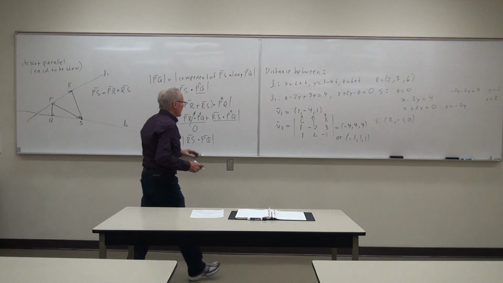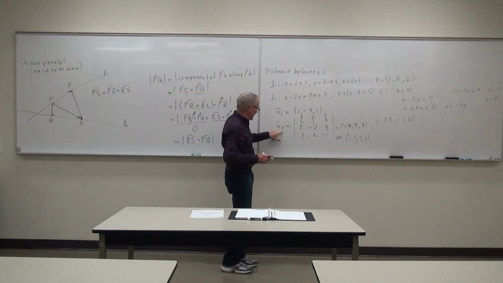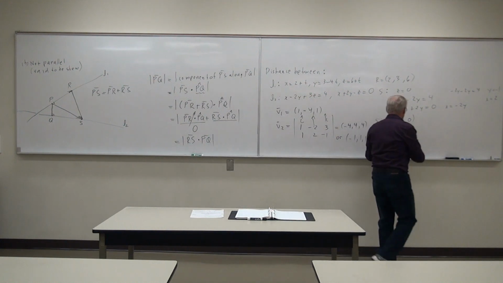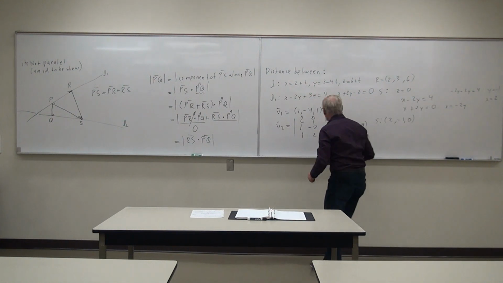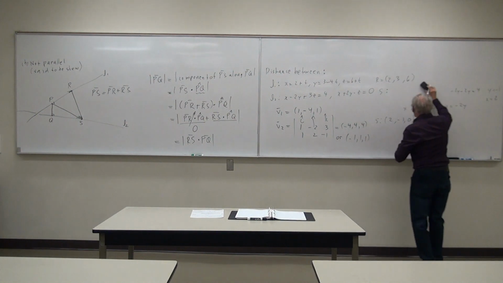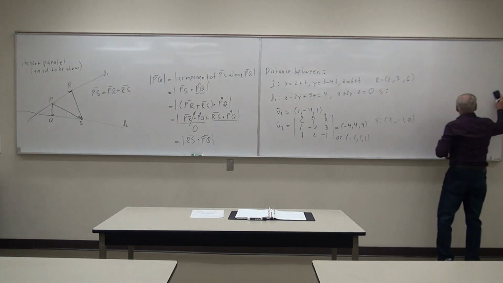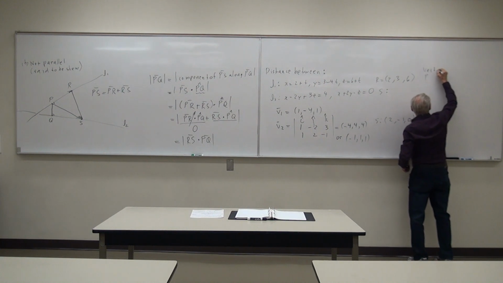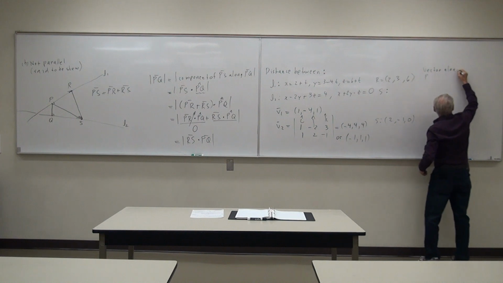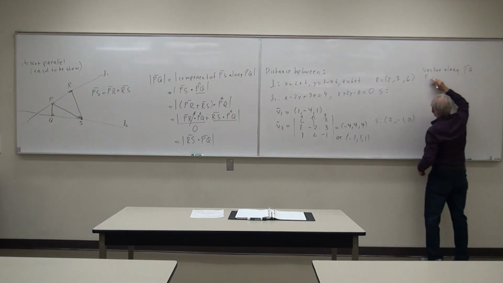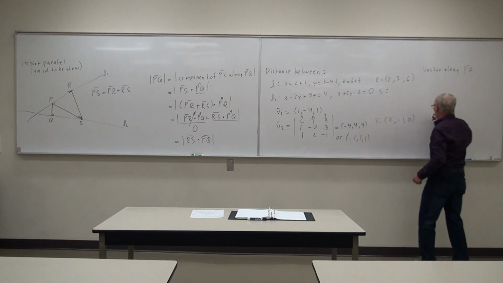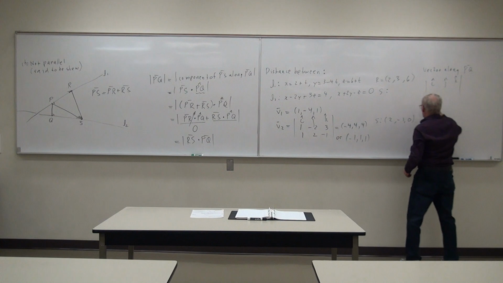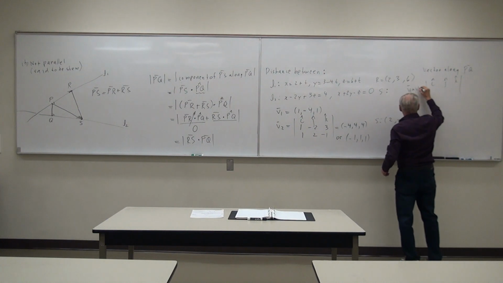What was the idea? We were going to cross this guy with this guy to produce the PQ guy. So another cross product. All right. So then, finally, the vector along PQ. It's not necessarily going to be PQ, but if I cross these two, V1 cross V2.